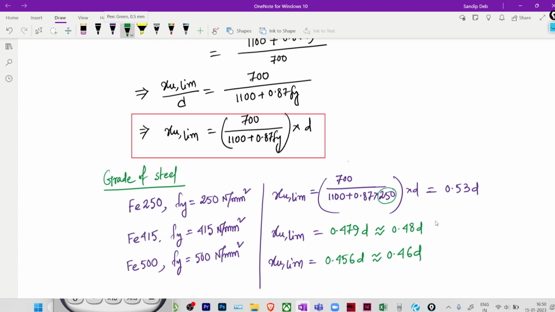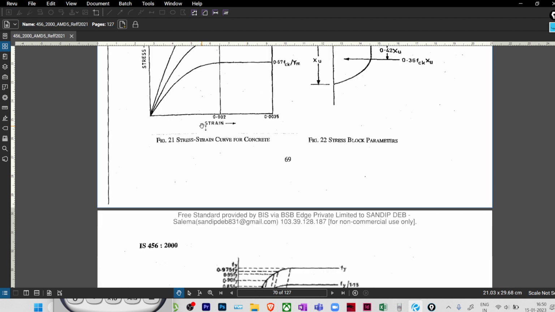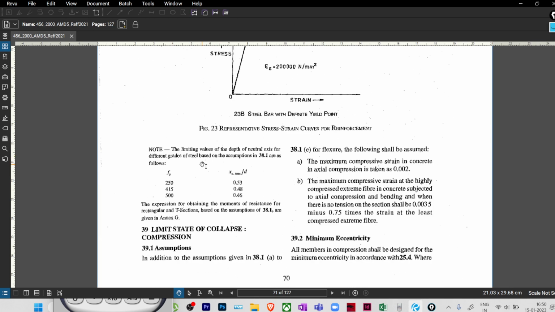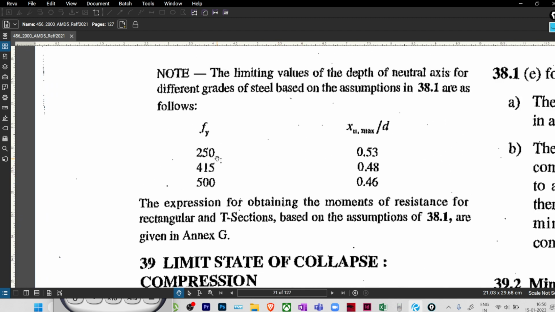Then we will have time, or we will have warning, as the steel is a ductile material, right? Now if I take you to our code IS456 2000, page number 70, you can see these values are clearly written. For Fy equal to 250, they have written the neutral axis depth Xu max by d.